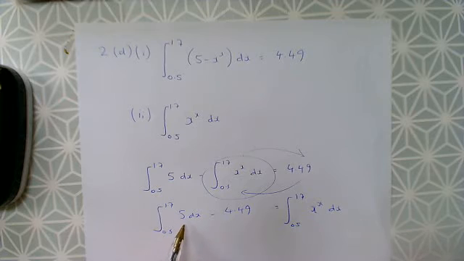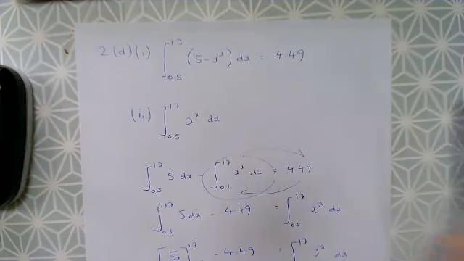Now this is fairly straightforward. Obviously, we integrate 5, you can either stick this into your calculator. An easier way though is to think: if you integrate 5, you get 5x between 1.7 and 0.5, minus 4.49, is going to give me my integral. And then 5x, so 5 times 1.7 minus 5 times 0.5, minus 4.49 is what I want.